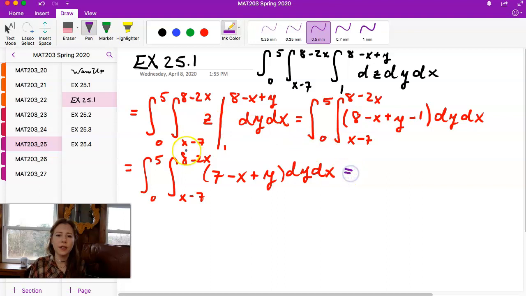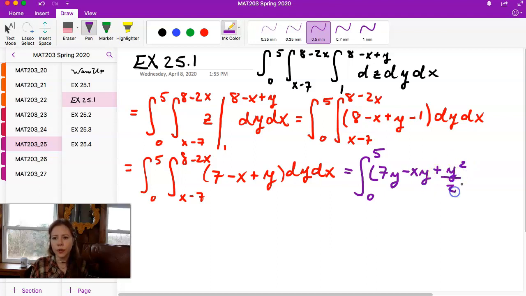So now looking at our next inner integral, we leave the 0 to 5 alone on the outside. And so now we have to integrate in terms of y. And so we're going to end up with 7y minus xy plus y squared over 2. And we have to evaluate from x minus 7 to 8 minus 2x, and we're left with our dx.